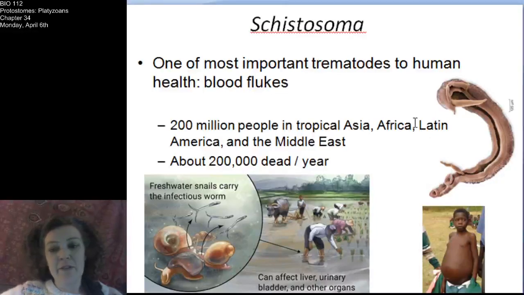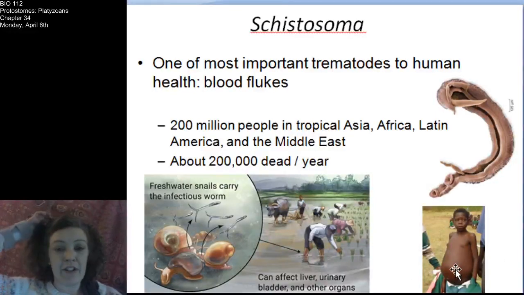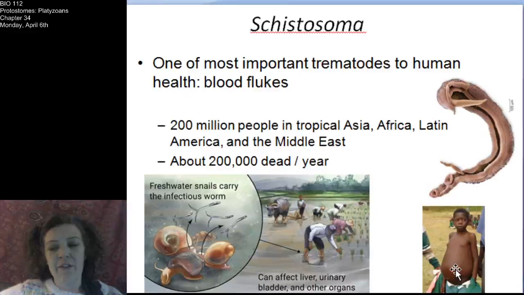That's why they're called blood flukes. And they cause lots of issues. This is a child, and you see the distended belly, that's a hallmark of the infection. It can damage your organs and lead to death if it's left untreated. It causes fluid buildup in the belly, and that's one of the hallmarks of the infection.